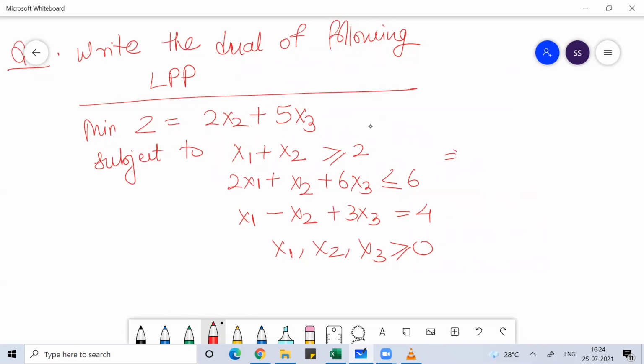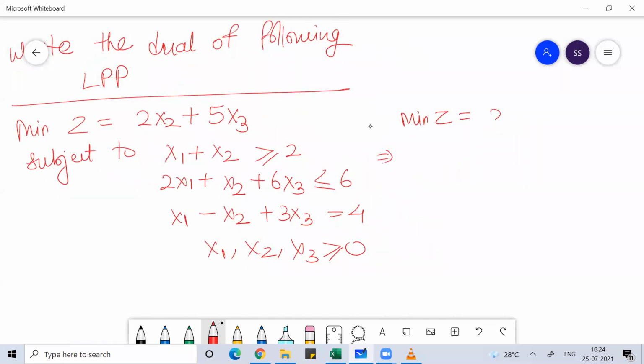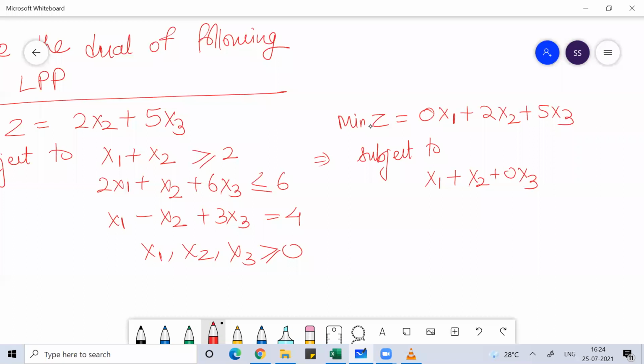Equal to means you can write the problem as minimize z equal to 2x1 plus 5x2, where x1 is also there, so I can write 0x1 plus 2x2 plus 5x3, subject to x1 plus x2 plus 0x3. For canonical form, if the objective function is minima, then the constraint should be greater than or equal to 2.